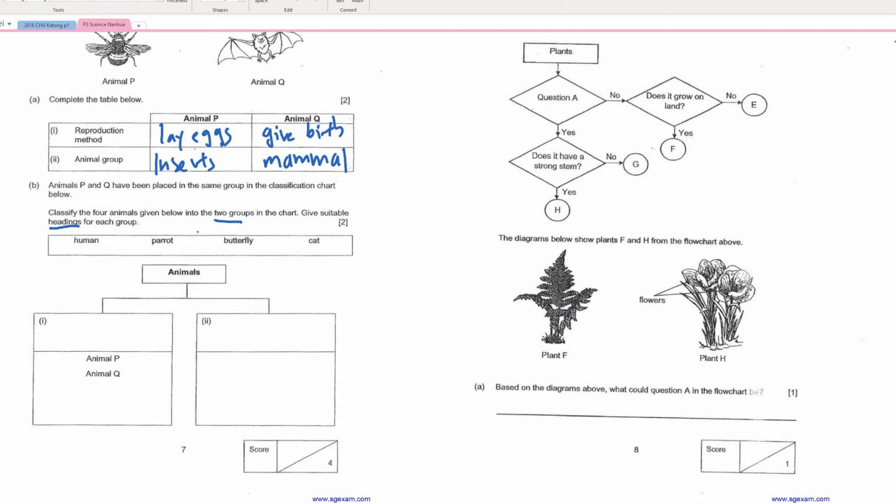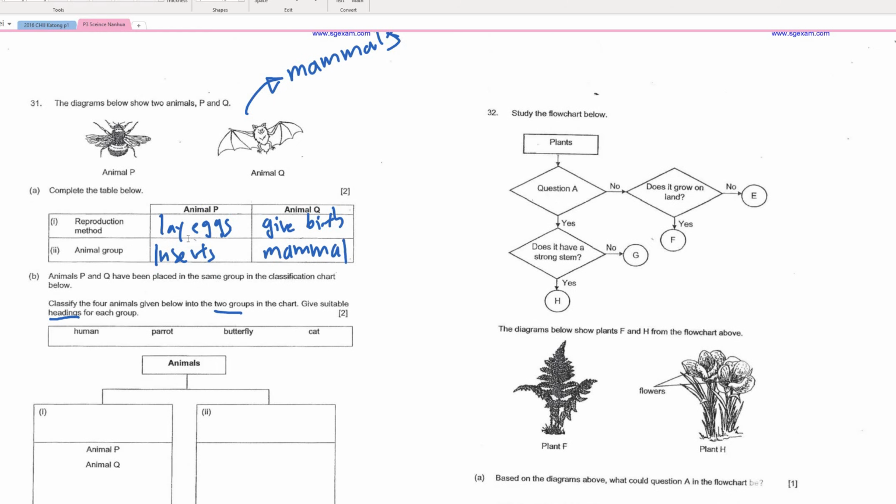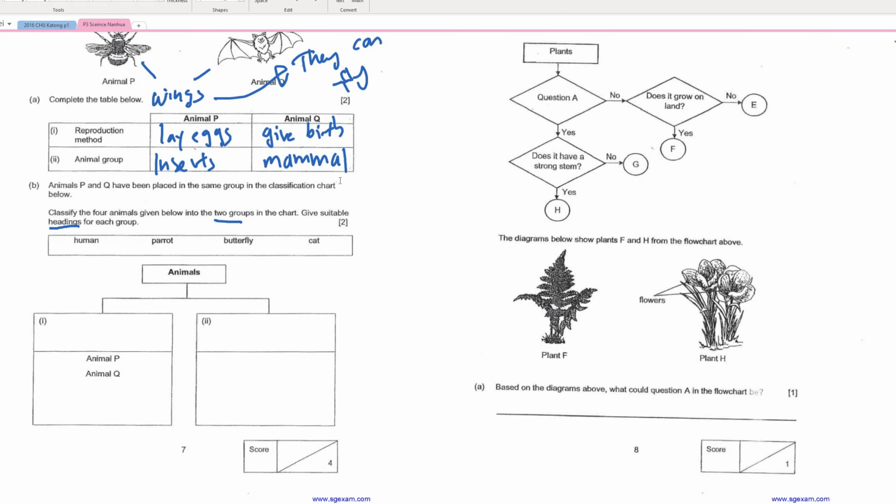Animal P and animal Q, if we take a look at them correctly, we notice they have certain similarity. Both of them have wings, and because they have wings, they can fly. So over here the heading should be can fly.